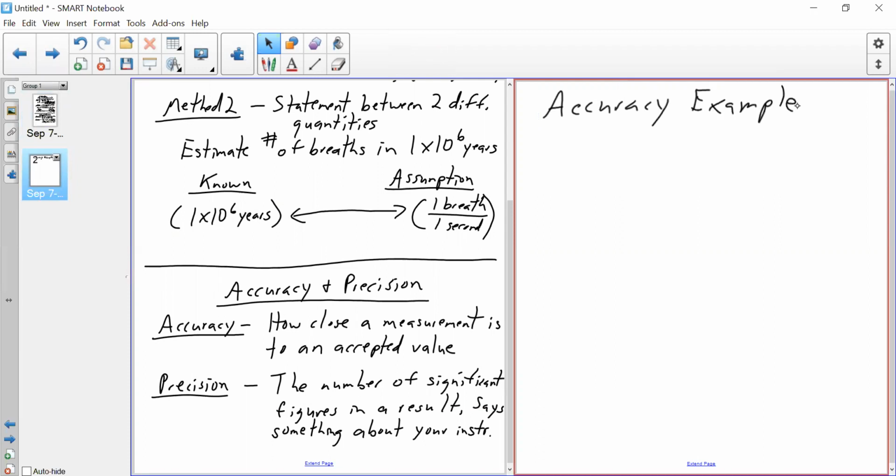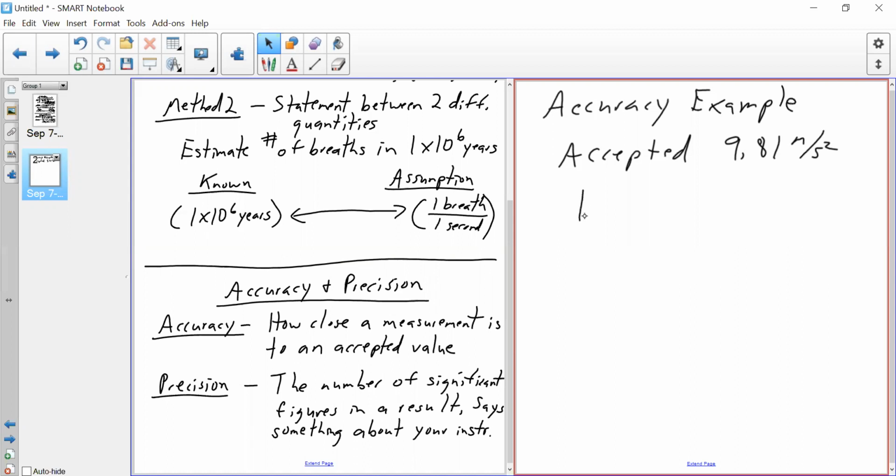Okay, we've seen this before. Let's say that our accepted value for the acceleration due to gravity is 9.81 meters per second squared. We'll become comfortable with those units in time very quickly. Why do we associate meters per second squared with the units of acceleration? You will know. So this is our accepted value.